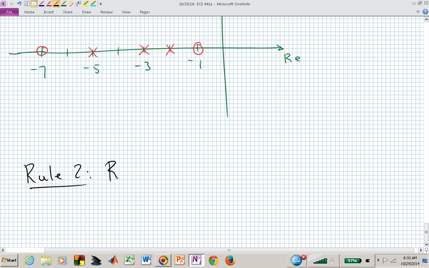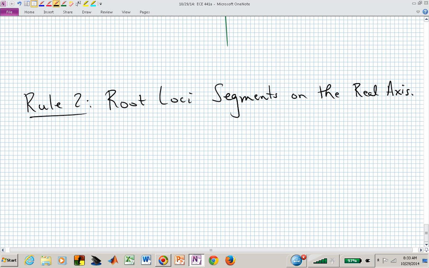Rule 2 is referring to the root loci segments that are on the real axis. And here is the way that we will determine which of those pieces of French bread are going to be shaded. We will say a line segment on the real axis.